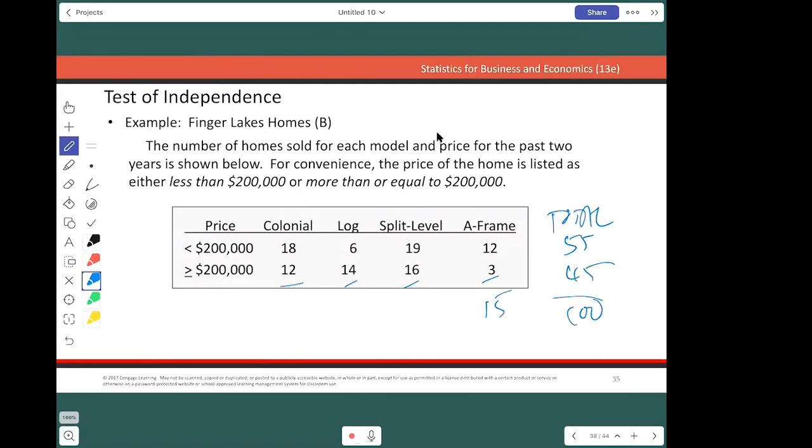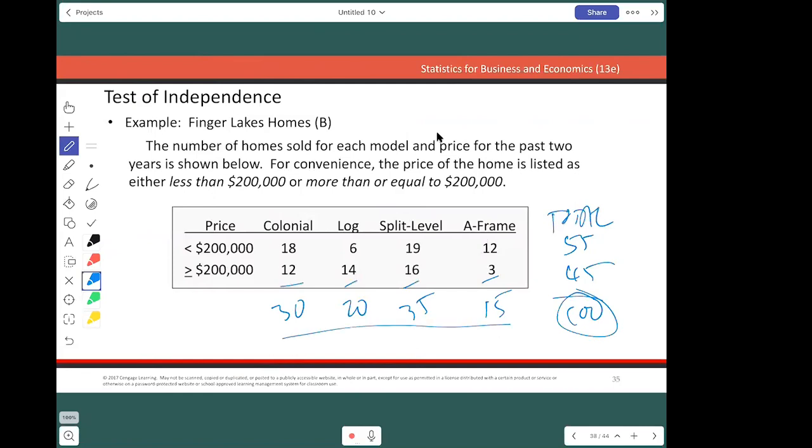And then 15 A-frames were sold, 35 split levels, 20 logs, and 30 colonials. And those should add up to 100. So your column totals, when you add them up, should give you the same value right here. So 55 and 45 give us 100, and those give us 100 as well.